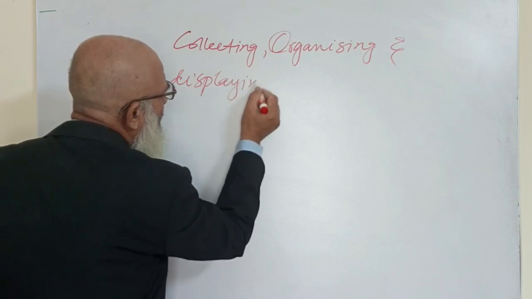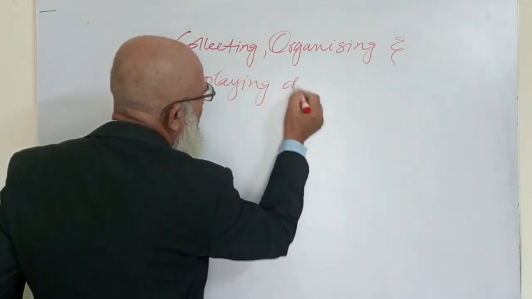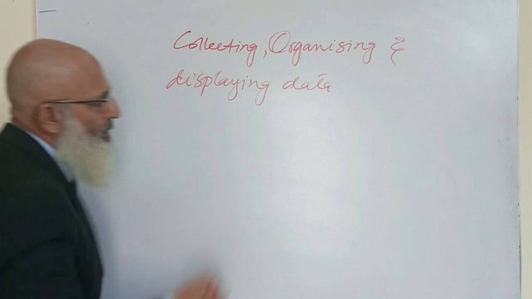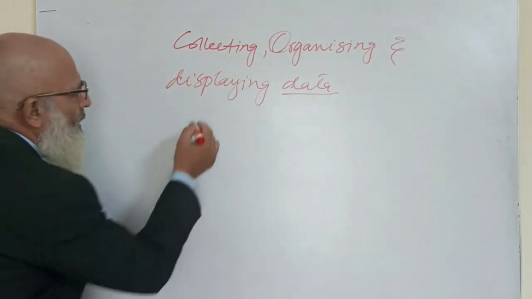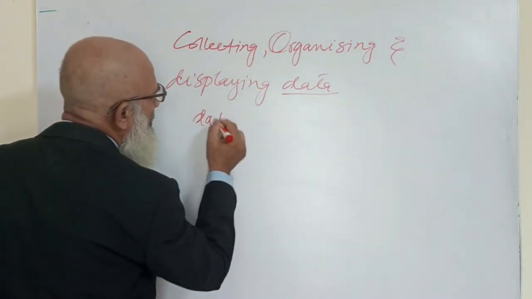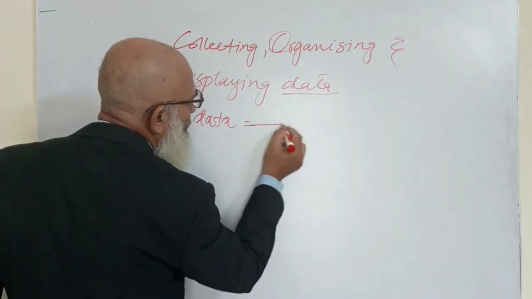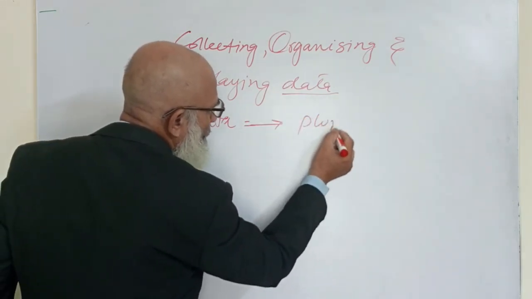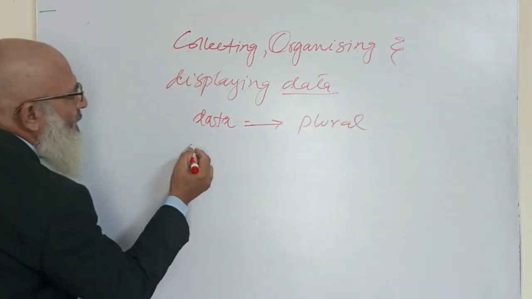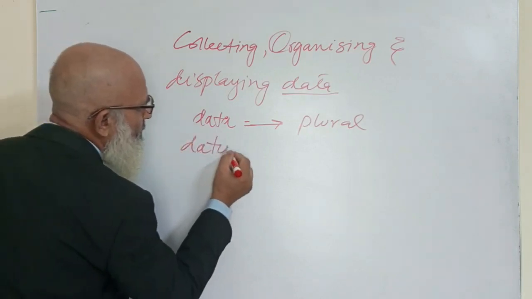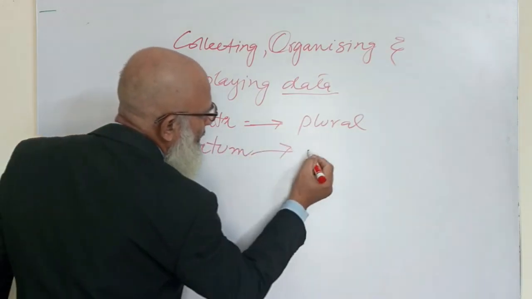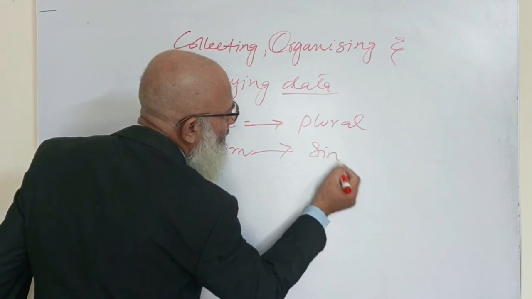Now, what is data? Data is plural. If I say it in English, it is plural. The singular is datum. Datum, it is singular.